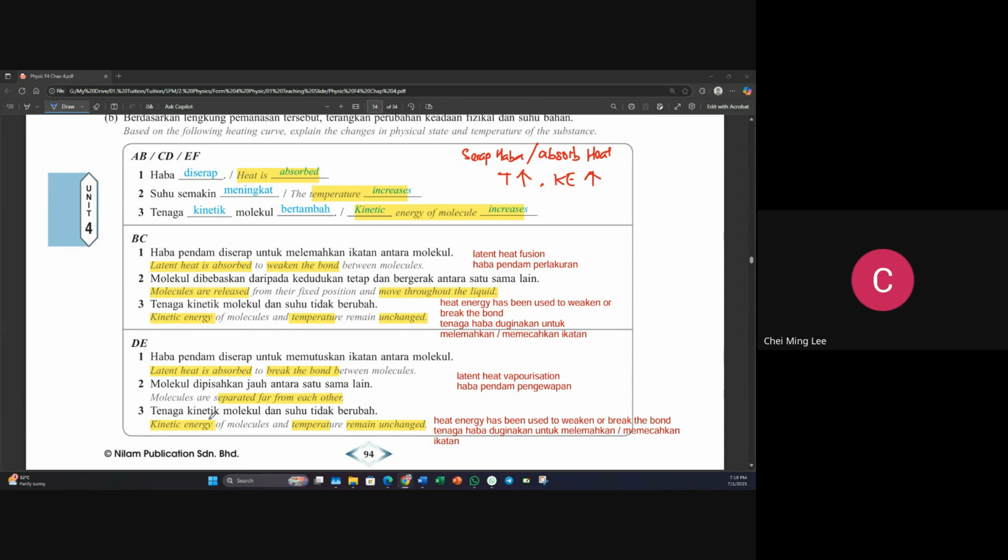So the kinetic energy of the molecules and temperature remain unchanged for the same reason. The heat energy has been used to weaken or break the bond. That's why it doesn't show an increase of temperature during this phase. Can you understand? Later on in the exam, don't forget this, it is important. Okay, jot this down.